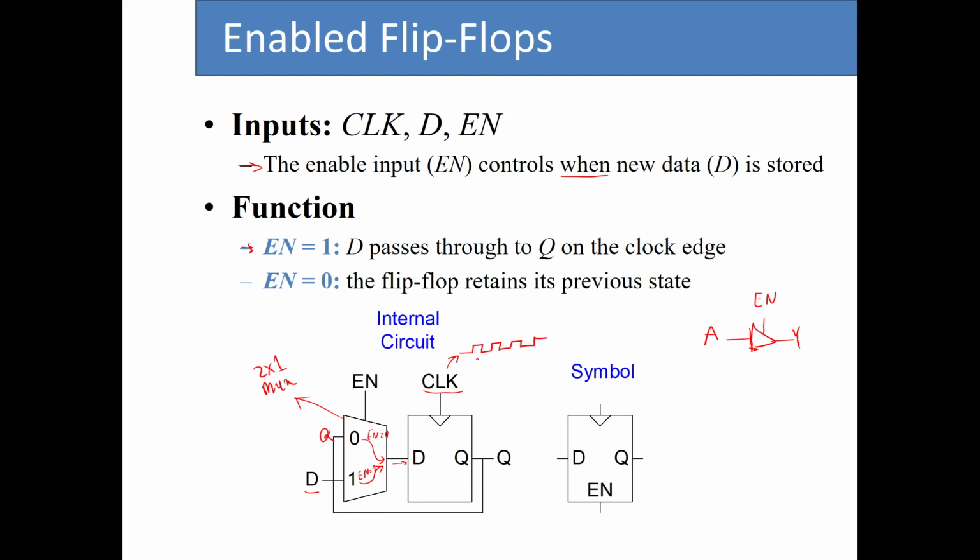So let's say if we decide this to be 1 kilohertz, that means that it is going from 0 to 1 and then 1 to 0, 1,000 times per second, right? So since this is fixed, it is nice to have some control over when we actually want to store anything on the flip-flop. So that was one variation of flip-flops.